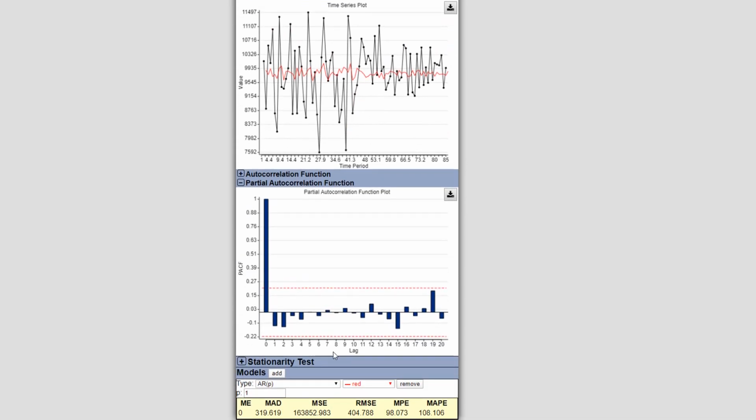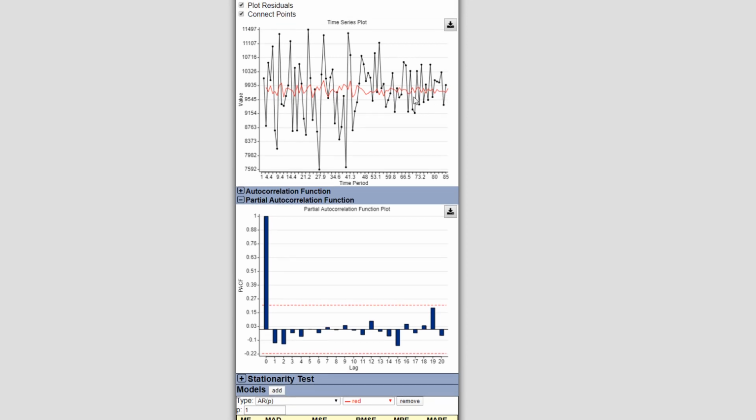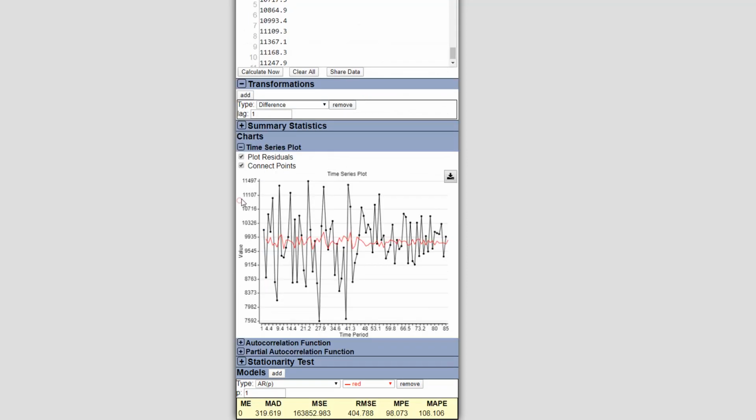Let's see. But it doesn't look like an autoregressive model is a very good fit for the differences, because they're not partially autocorrelated with each other, really.